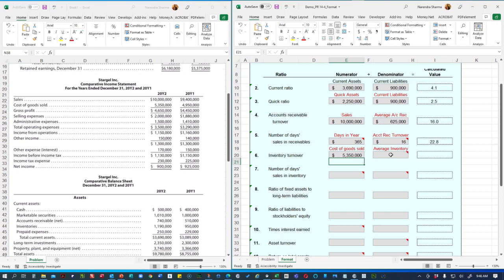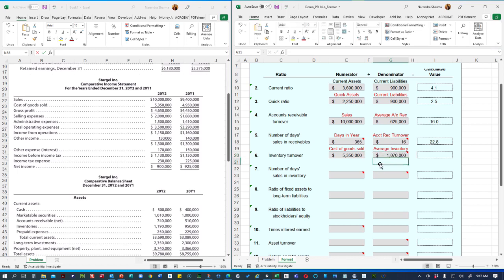5,350,000. And the average, of course, we are going to do again equal to, put a parenthesis, and the inventory you will be able to find in the balance sheet. Please see that. So that's going to be 1,190,000 plus 950,000, close the parenthesis, divide by 2.